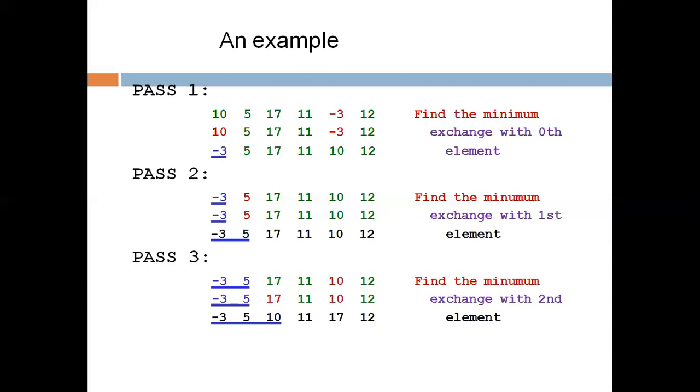Because if the list is sorted, then the minimum element will be at the first place and the largest element will be at last. One thing more, we are assuming that our sorting is in increasing order. It may be in decreasing order also, but for simplicity, we are discussing just increasing order.